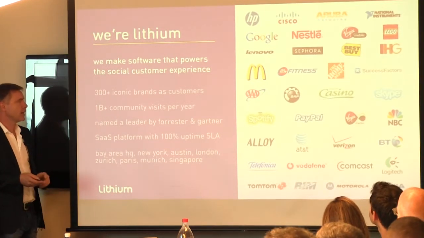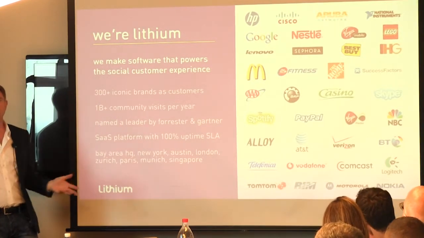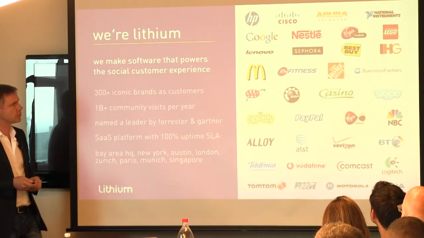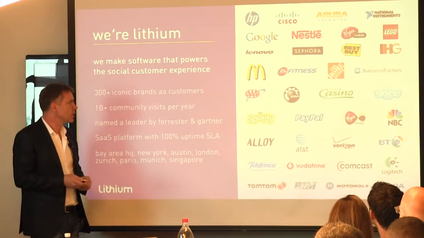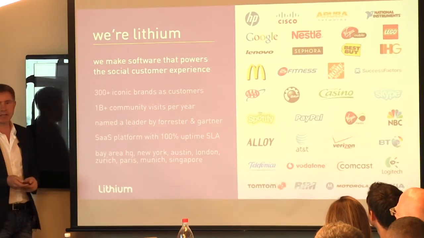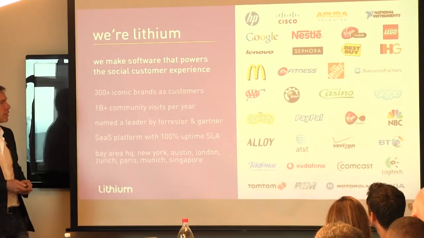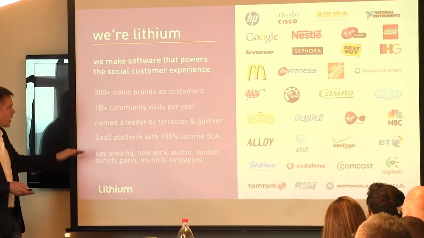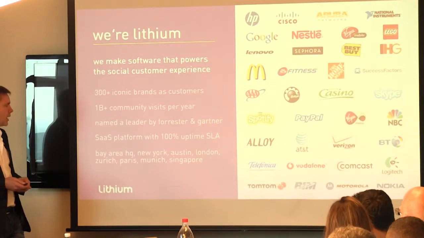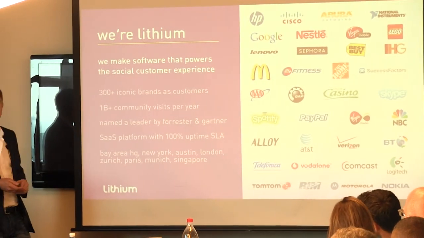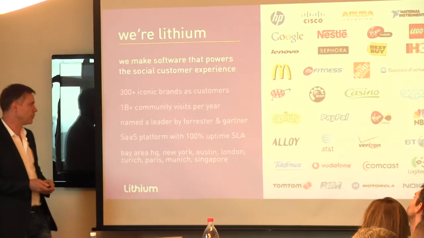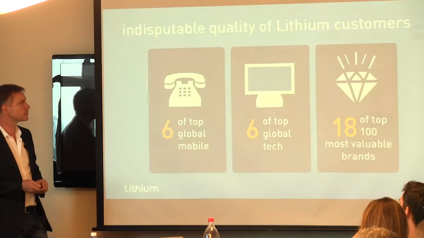If you combine all the people who are members of our social business community solutions, we are one of the biggest internet properties in the world, currently number 17. Our solutions are 100% cloud-based, so we are a SaaS company, and we have subsidiaries all around the world in New York, Austin, London, Zurich, Paris, Munich, and Singapore.